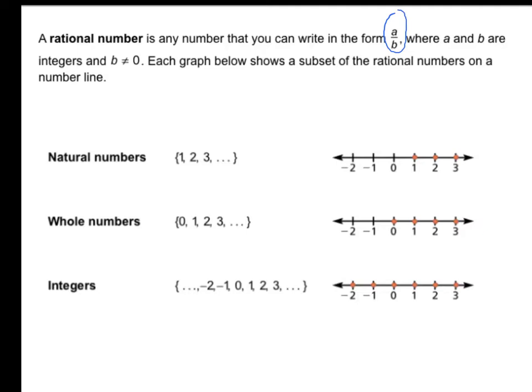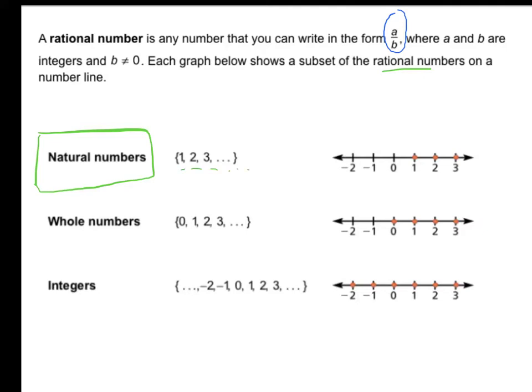Down below, we have subsets of what a rational number is. We have a couple of them. The first one is natural numbers, or we can call them counting numbers. We start off with 1, then you go to 2, 3, and so on, okay?